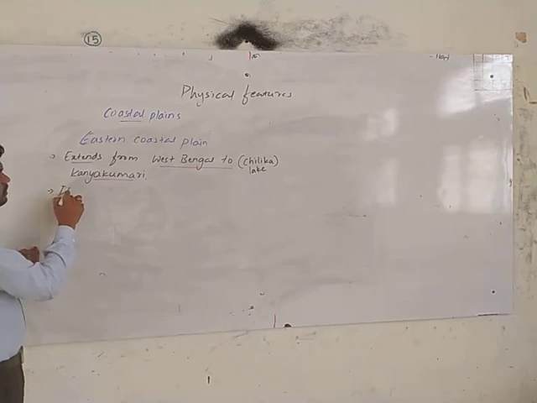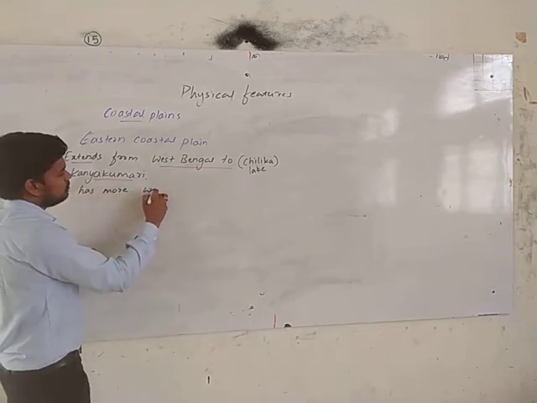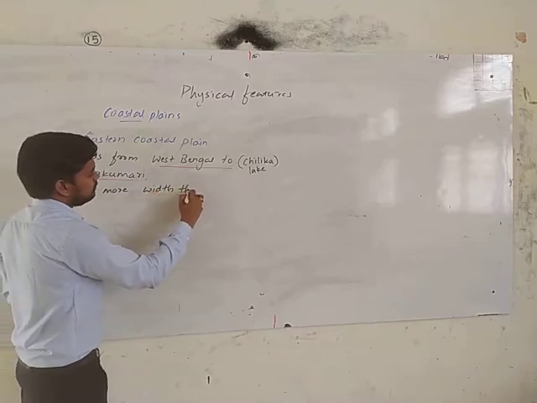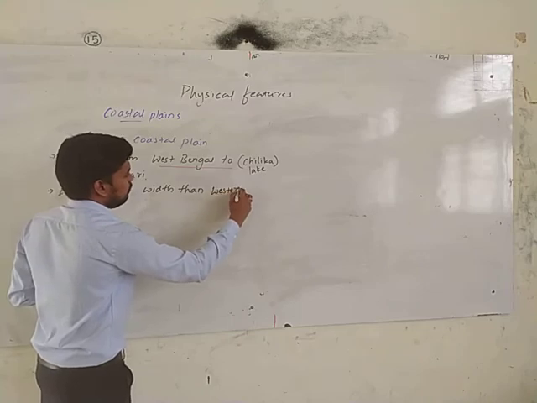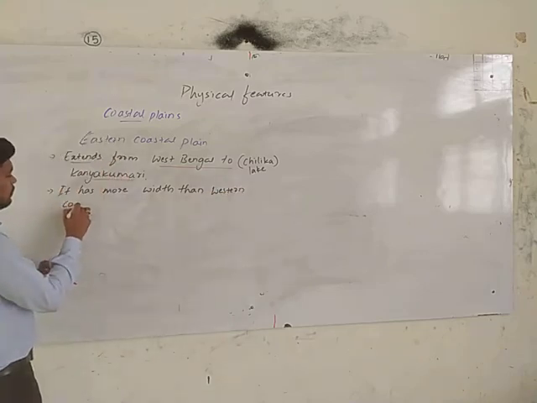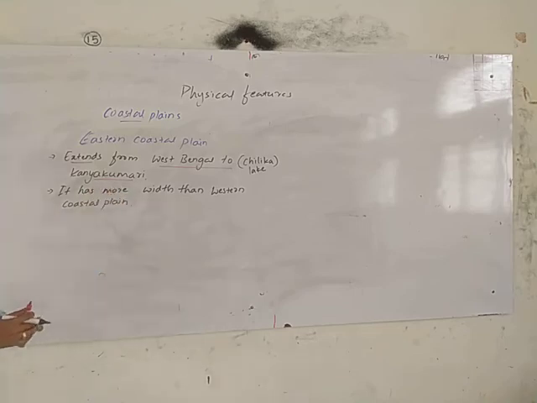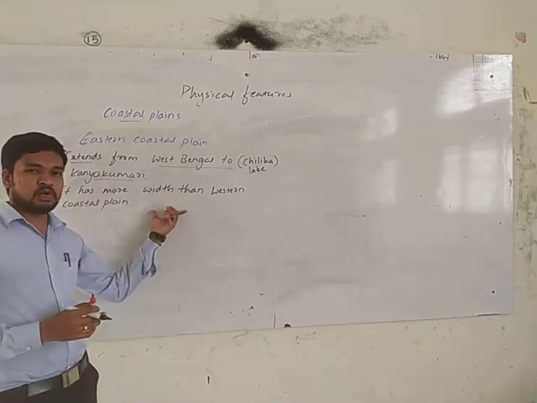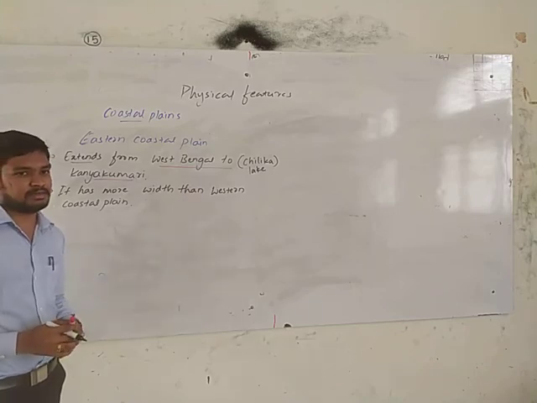It has more width than the western coastal plain. Around 100 to 200 kilometers of width in the plain areas.